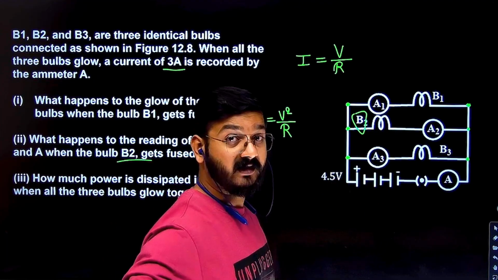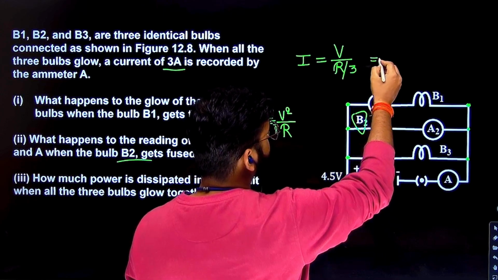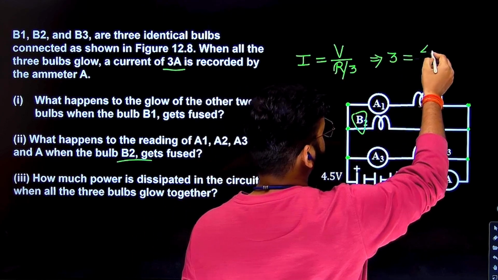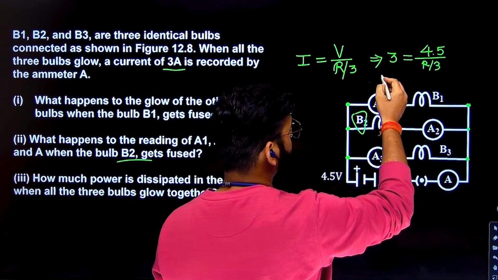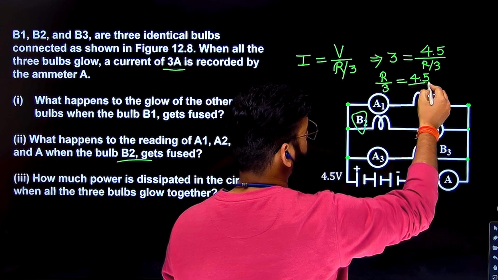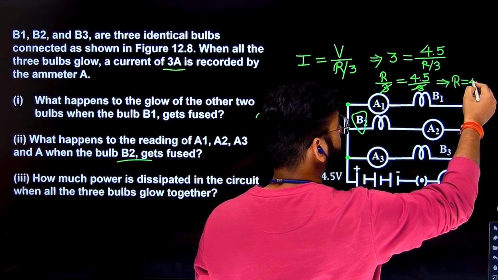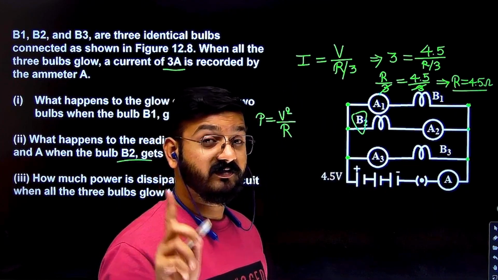R connected in parallel, so it will be R by 3. Since we know that current is 3 ampere, voltage is 4.5 and resistance R by 3, from here R by 3 is equal to 4.5 by 3. 3 gets cancelled. What is the resistance of each bulb? Resistance of each bulb is 4.5.